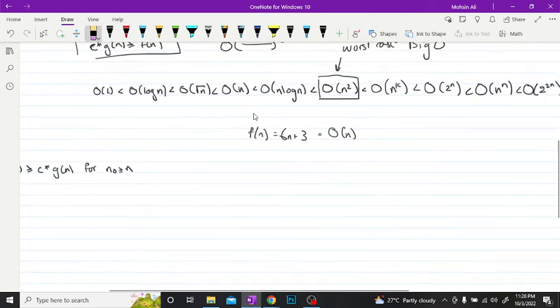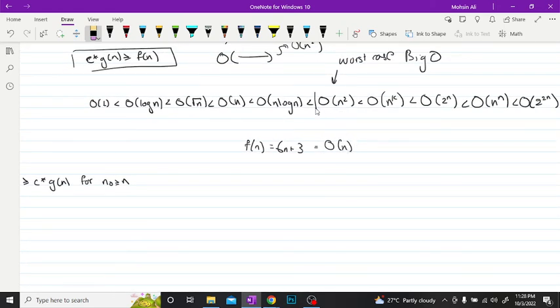This chart is very important, because all of these functions that I just highlighted are always going to act as big O notation for O of n. Even though we prefer O of n because that's the tightest bound, all of these functions act as an upper bound. And we could also say that these functions will always act as a lower bound.